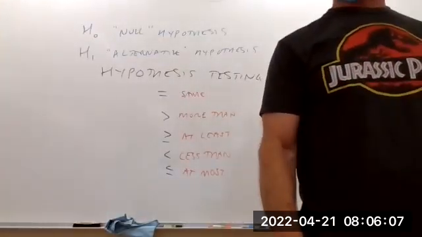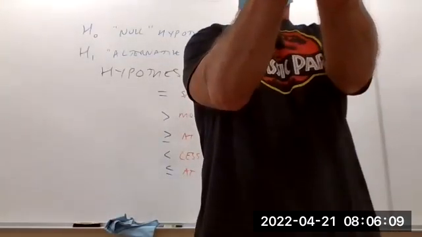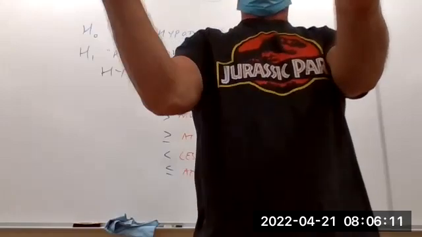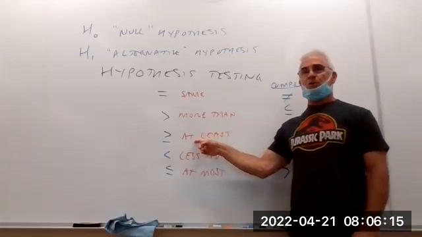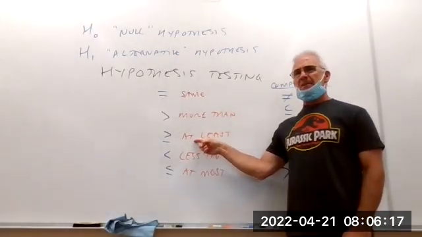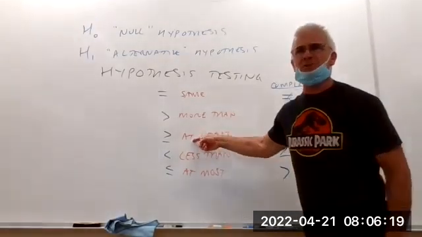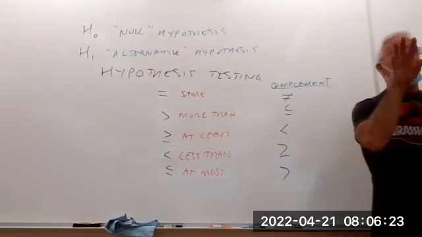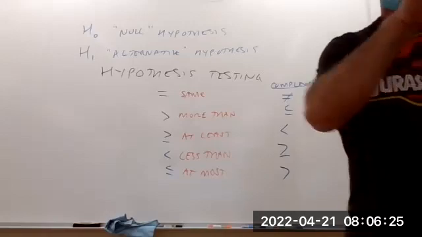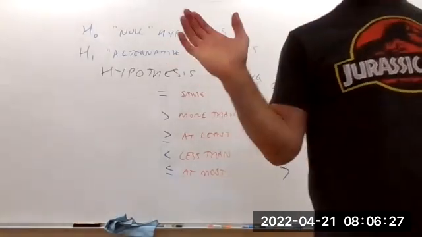So if Roz says she's greater than or equal, I'm going to start with assuming this is true. And if the evidence is, like you said, you only shot 40%, then we say, no, this is the truth. We always start by assuming the null is true, and we let the evidence convince us otherwise.